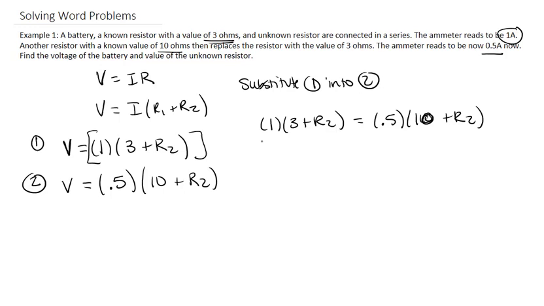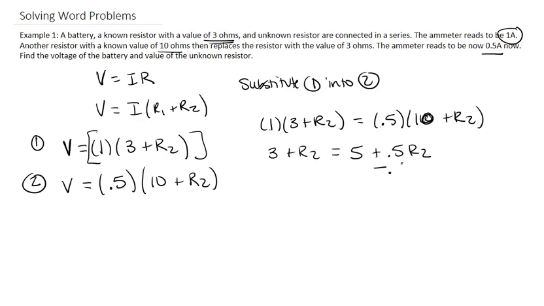Let's go ahead and multiply. We have 1 times 3, so that's 3. 1 times R2, so that's just R2. On the right hand side, we have 0.5, so it's 1/2 times 10, so that's 5. And 0.5 times R2 is 0.5 R2. Now we need to solve for R2.